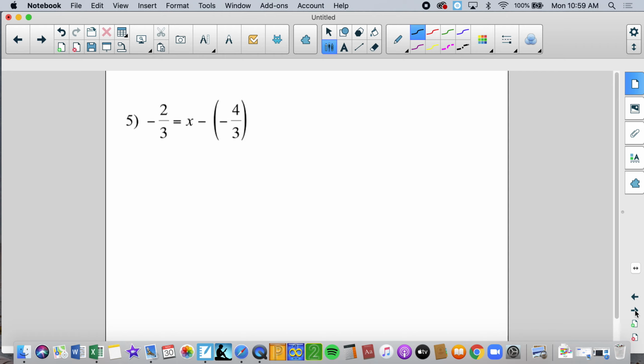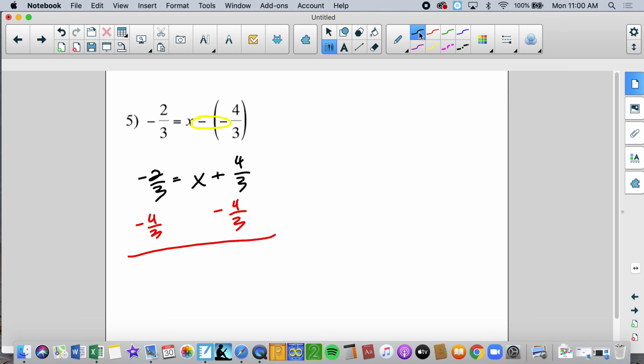I like this one. So the first thing we need to do is get rid of those double signs. So we're going to simplify this in a way. It's just writing it in a better equation. This makes it a little bit easier to see what's happening to the variable. 4/3 is being added, so I'm going to subtract 4/3.